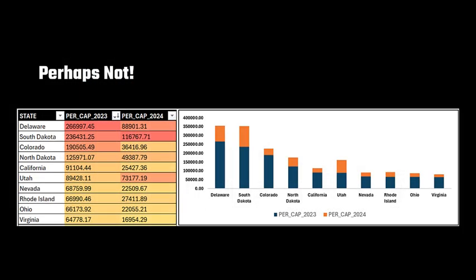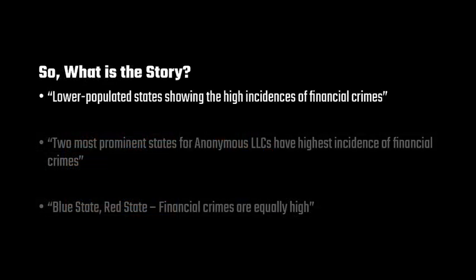And interestingly, Delaware and South Dakota, the 45th and 46th least populated states, are now suddenly at the top. Now this gets interesting, right? This leads you to the question of, why are two of the least populated states generating the highest incidence of financial crimes per capita? And this should lead you to ask more questions that will require some manner of research.